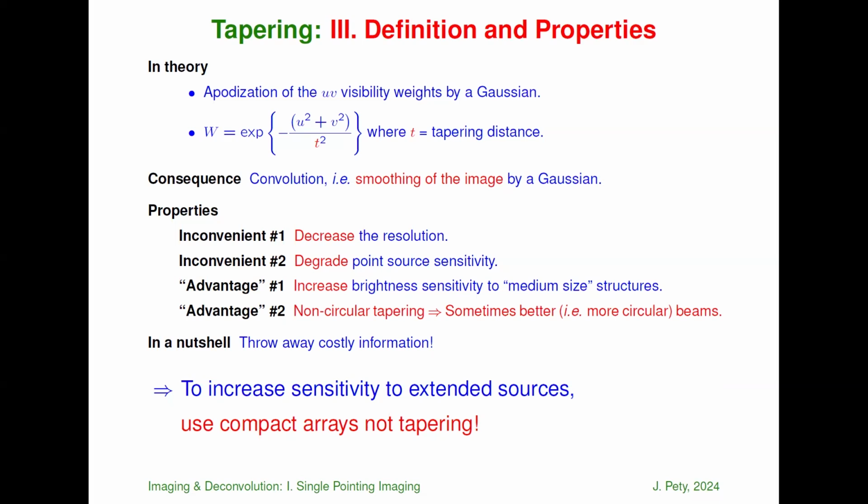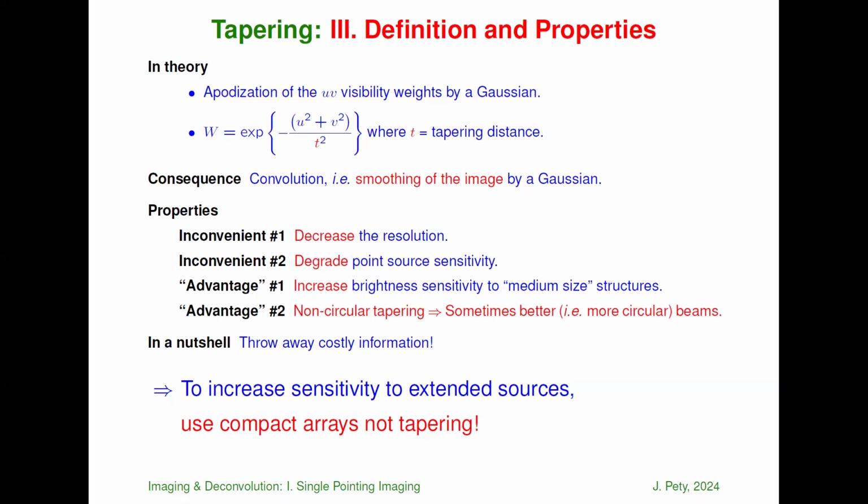In a nutshell, by doing tapering, you throw away costly information, because in the UV plane you're multiplying by something that is going to zero at the large UV distance. So basically, you have been asking the program committee to make an image at high angular resolution, and then you say, well, no problem, I discard the large angular resolution, I'm using only the compact one.